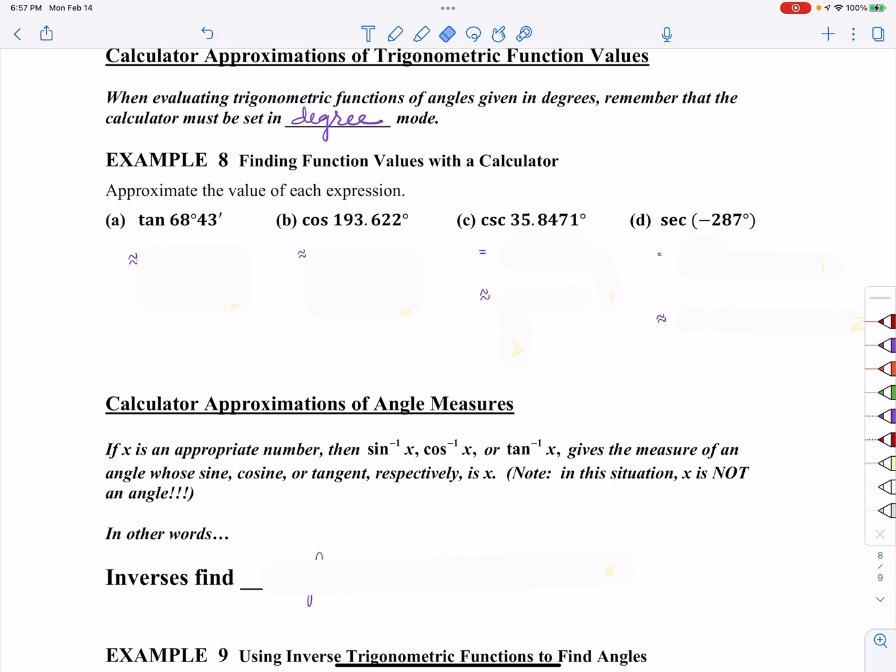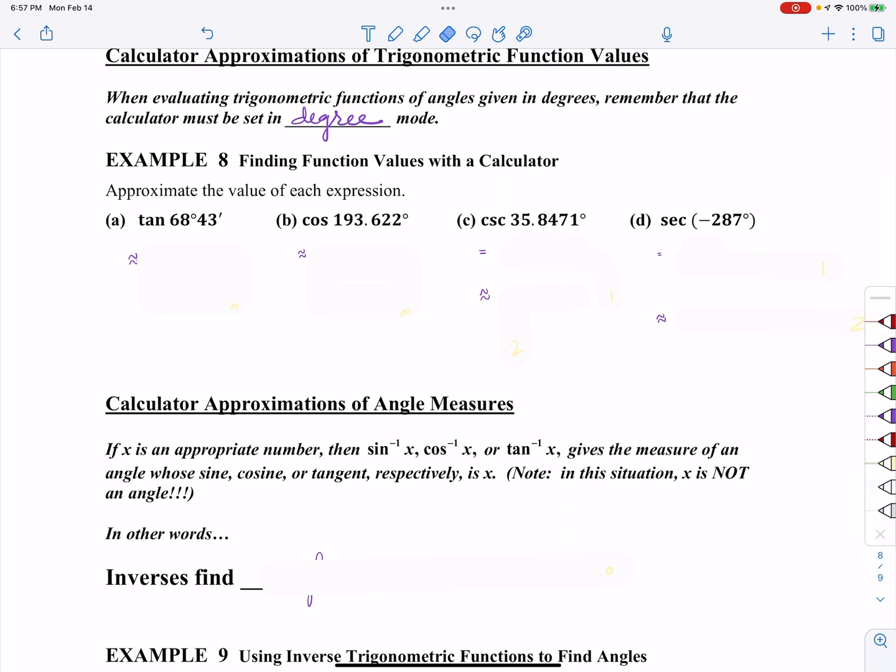One of the things that you want to pay attention to, when you are evaluating trig functions, is the mode of the calculator. In this case, we're only going to be dealing with degrees, so you want to make sure that you are in degree mode. The way that you change your mode on the TI 83 or 84, if you will look at the second button, and then find that mode button.